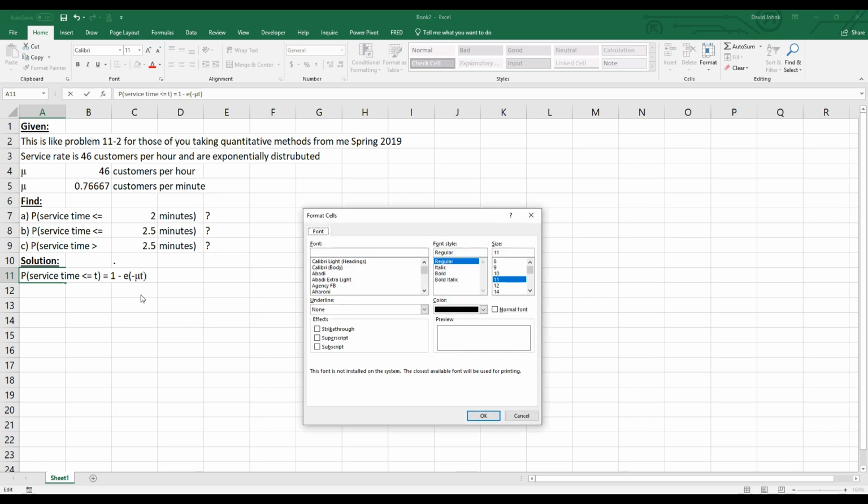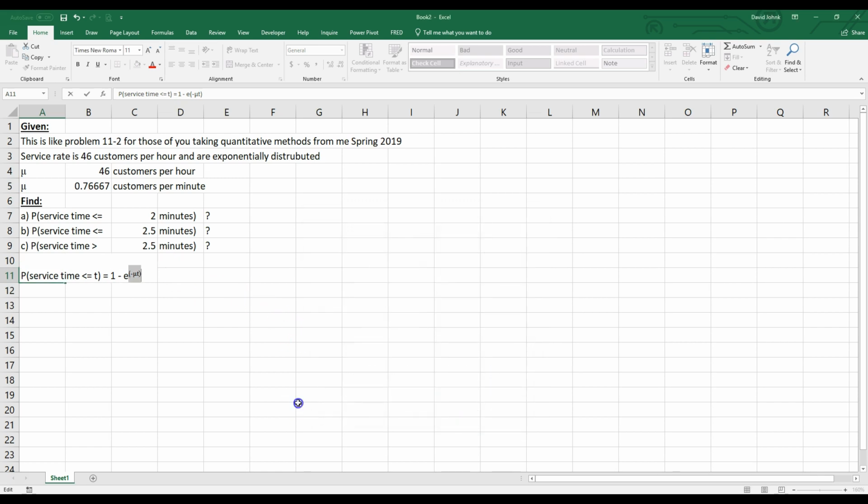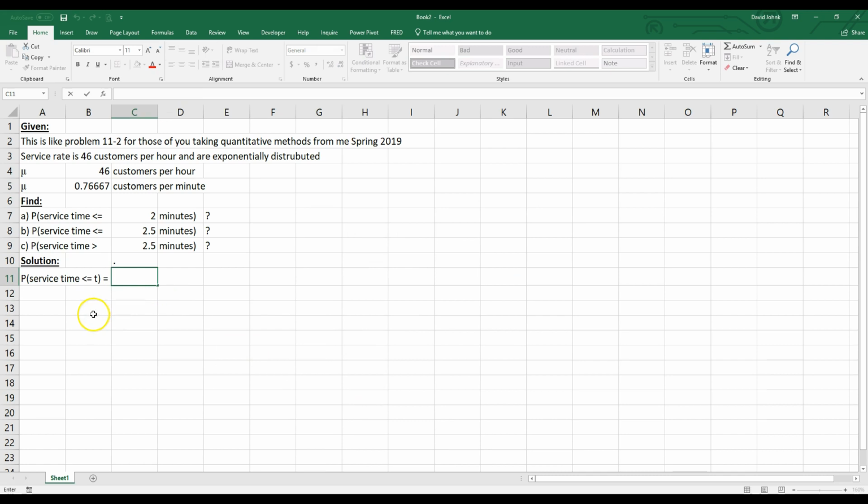Control-Shift-F, Alt-B, or E for superscript. You could do it this way too, instead of doing the caret. So you're going to take it to that power. Now I'm putting that in parentheses because if I don't put parentheses around it, when I put it into Excel, and a lot of times you see it without parentheses, you'll see this formula like this.